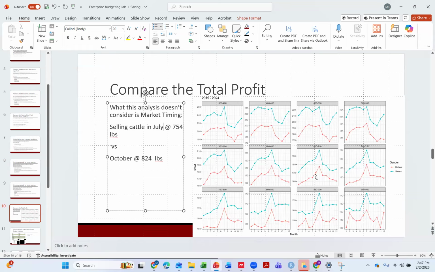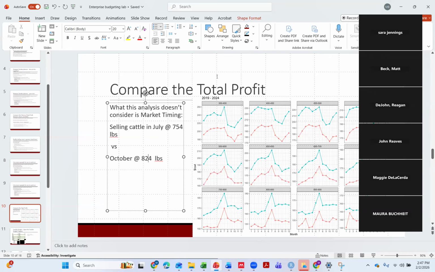Okay. So if we look at July, 750-pound steer, you can see that this is a peak in that dollar per hundredweight in terms of price seasonality, compared to selling an 824-pound steer in October, right? Which is kind of more of a lower end of that price range that you can expect to sell those animals. So does that make sense, guys?